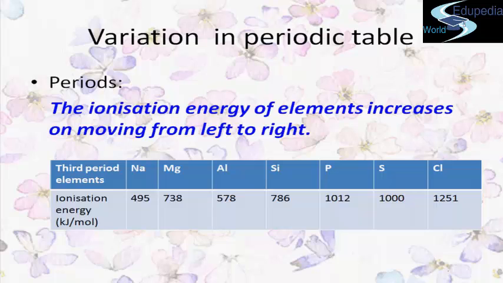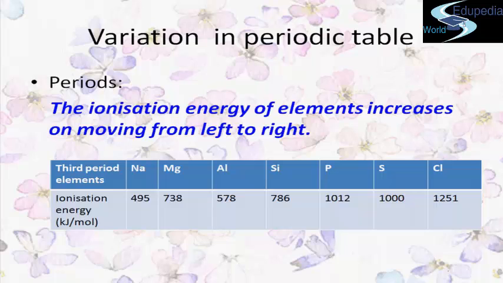You can see the trend: 495 kilojoules per mole for sodium, then 738 for magnesium, then a slight slip in aluminum with 578. It increases again with silicon at 786, and with phosphorus too. Then there is a small slip in sulfur.